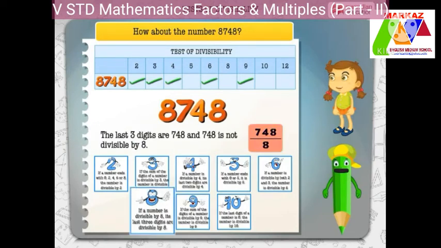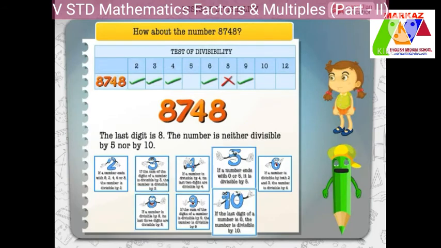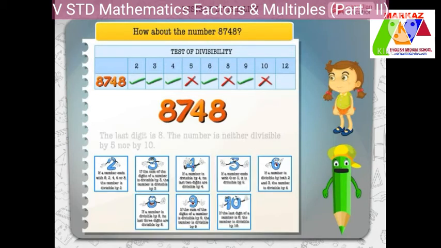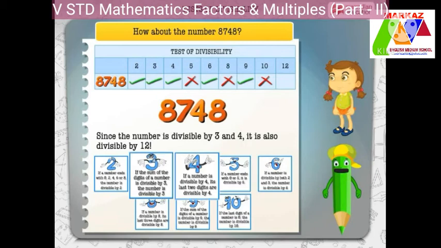The last three digits are 748, and 748 is not divisible by 8. The last digit is 8. The number is neither divisible by 5 nor by 10. And finally, since the number is divisible by 3 and 4, it is also divisible by 12.